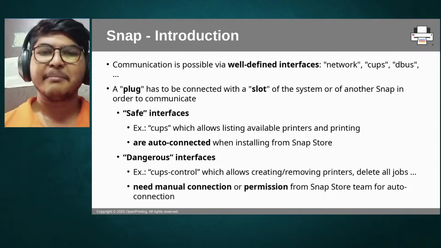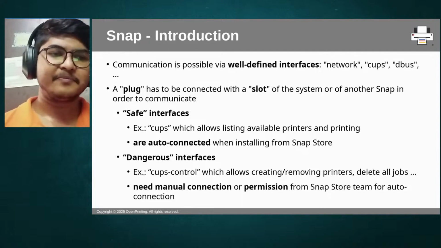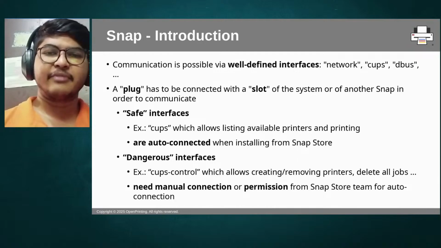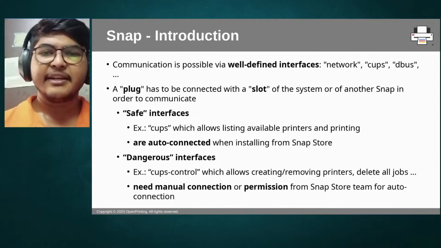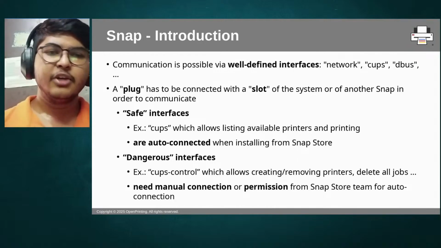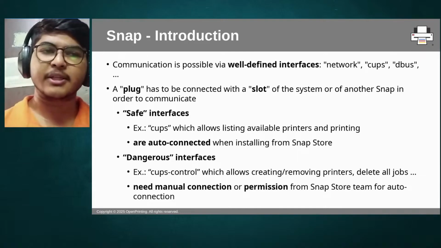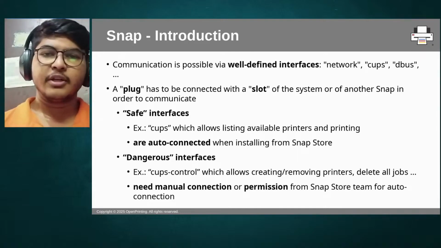That is where the manual connection comes into the picture. The permissions of these snaps are maintained and controlled by the snap store team, to allow which snap will get the auto connection and which snap will not. So yeah, next slide please.